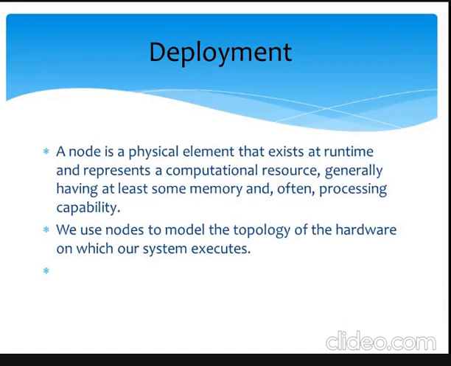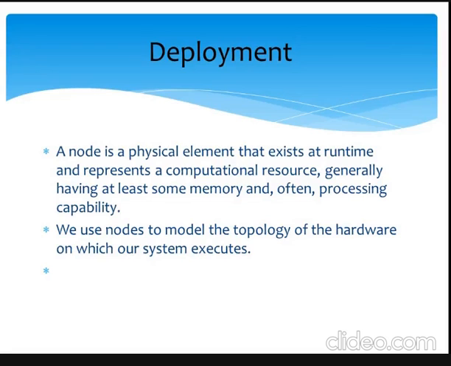Running the nodes, running all the devices using some source files is known as deployment. These processors and devices are nothing but nodes. A node is a physical element that exists at runtime, nothing but a processor.